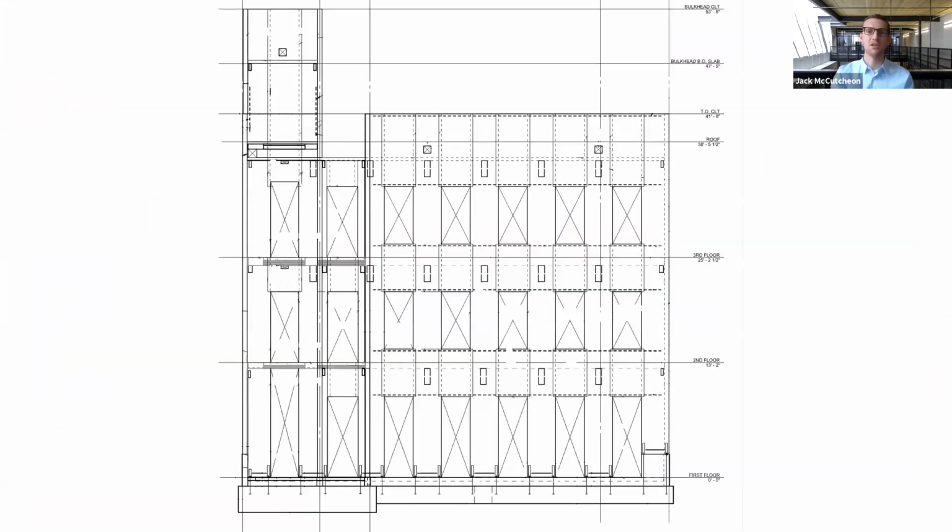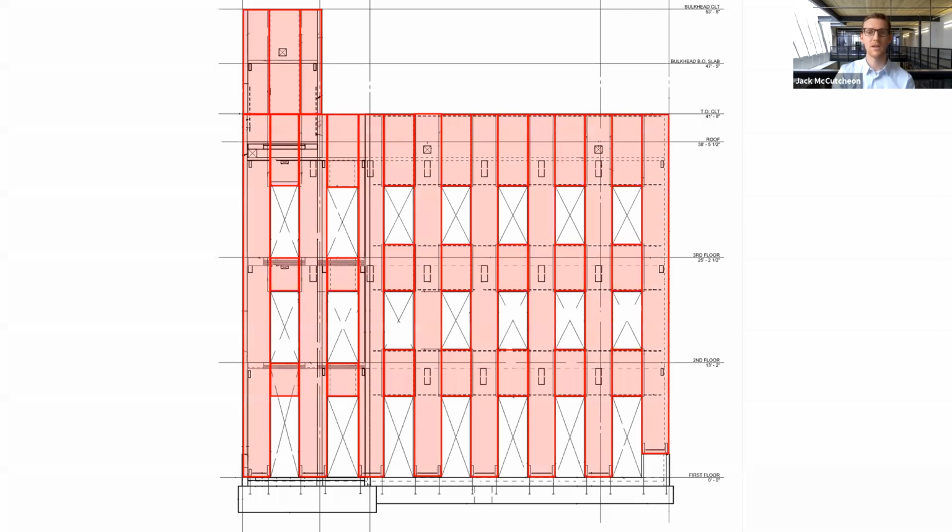If we look at an elevation of one of those exterior walls, you can see there's quite a lot of window openings here. So there's not a lot of solid wall for us to use as our shear walls. It's really more of a pier and spandrel type system where the CLT panels are solid for the full height of the building between window openings.